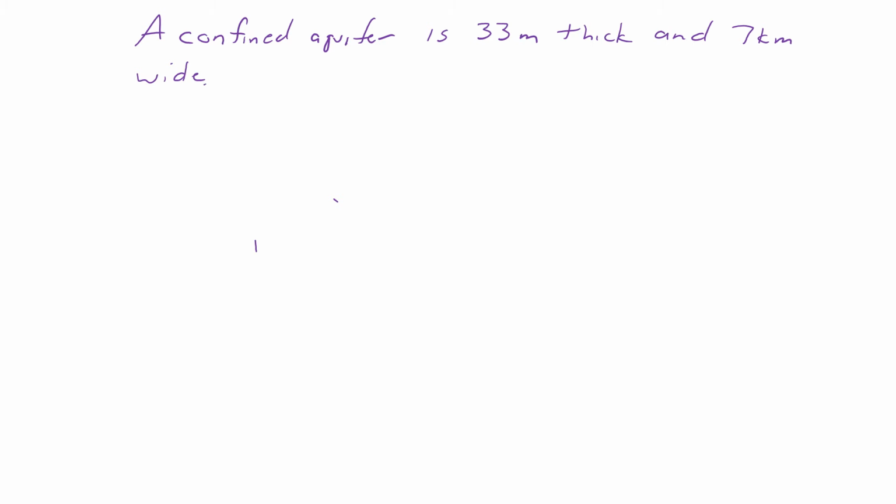For you true Americans who don't know your metric system yet, 33 meters is about 100 feet, and 7 kilometers is a little less than 5 miles. Okay, so this is a good size aquifer. And there are 2 wells that go into this aquifer, and they are about 1.2 kilometers apart.